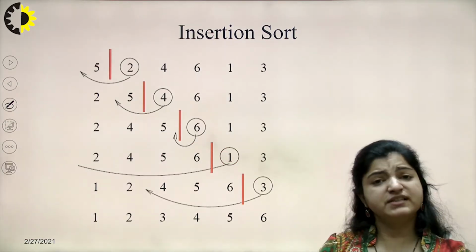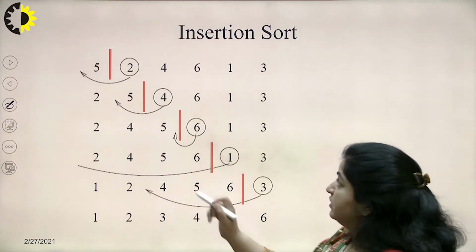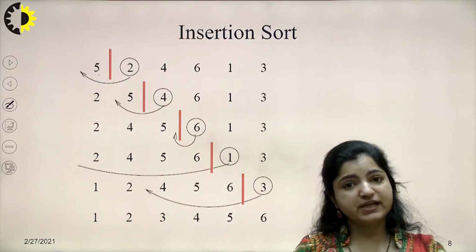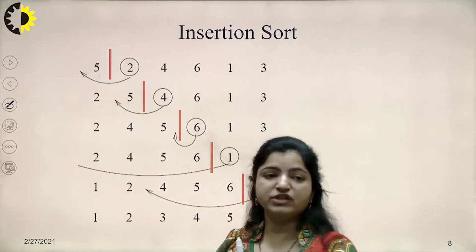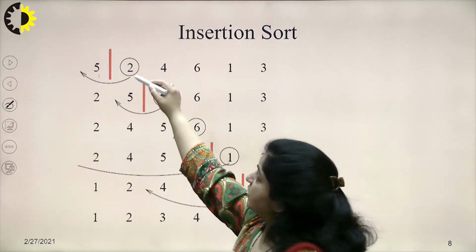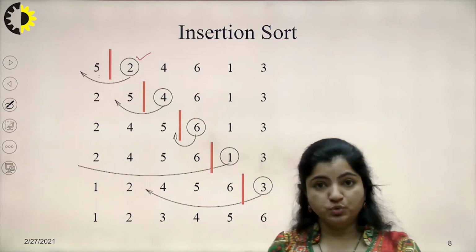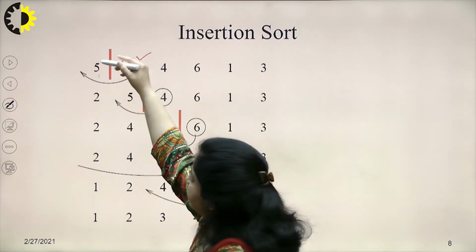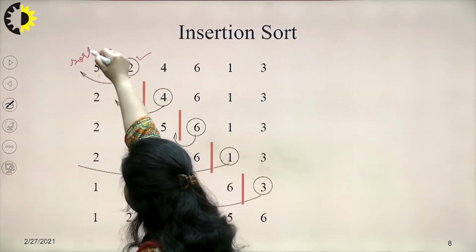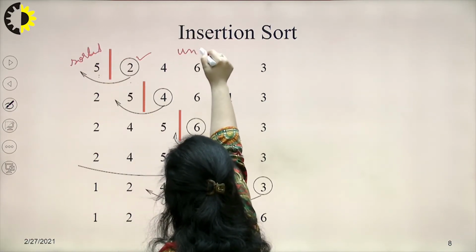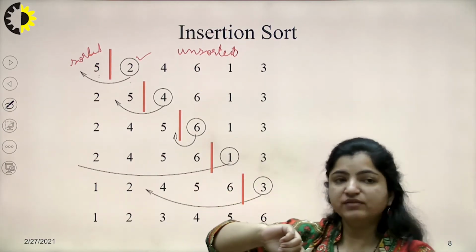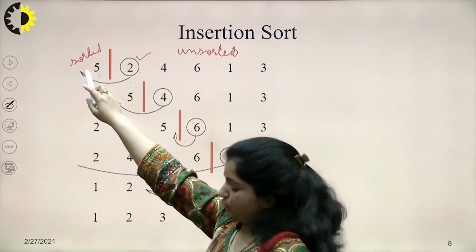So proceeding with this example, how it is working: as I already said, we will not compare with the first element, so I'll leave this first position, first value, that is 5. Then I'll check out the second value, that is 2. So I'll compare this 2 with 5, and this is my sorted array here, and these are the unsorted values, fine.